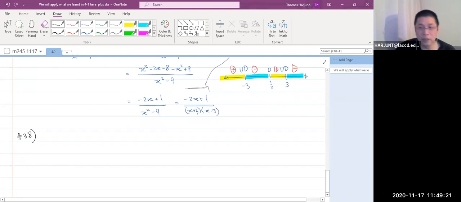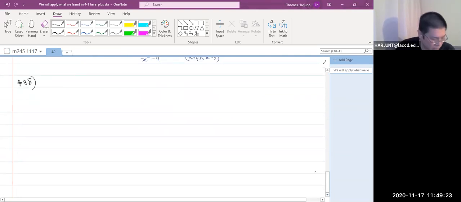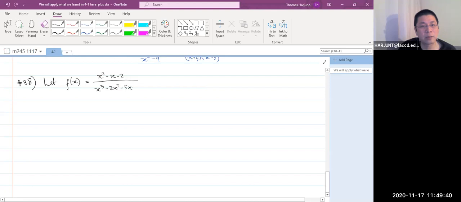Number 38, I think you can factor the top, but I don't think you know how to factor the denominator. Let f(x) equal x squared minus x minus 2 over x cubed minus 2x squared minus 5x plus 6.